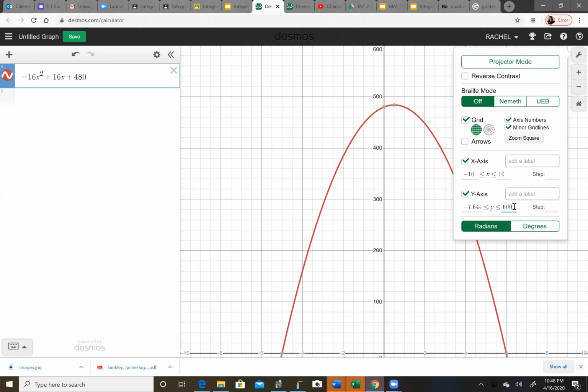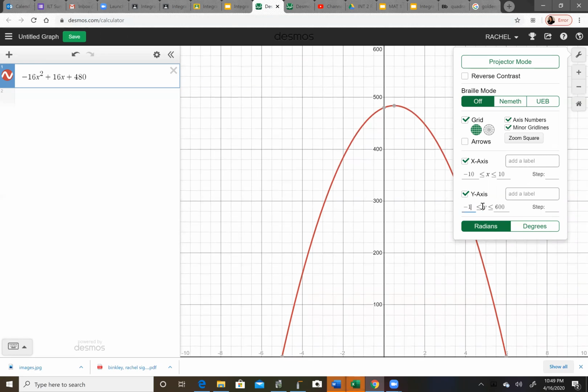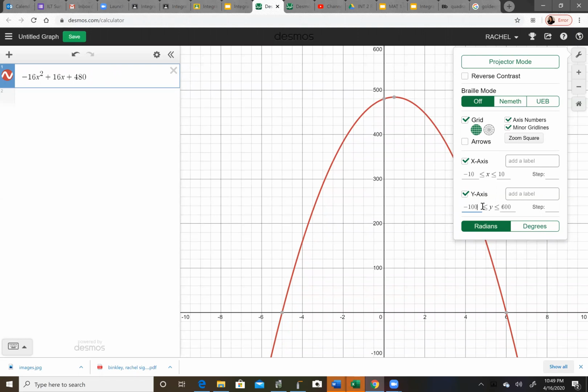I'm going to make it 600 just so we can get a better view. Now I feel like the bottom of my graph is gone, so I want to make it go a little bit lower, so I'm going to make the y a negative 100. Cool. So I just manually changed the window in here.